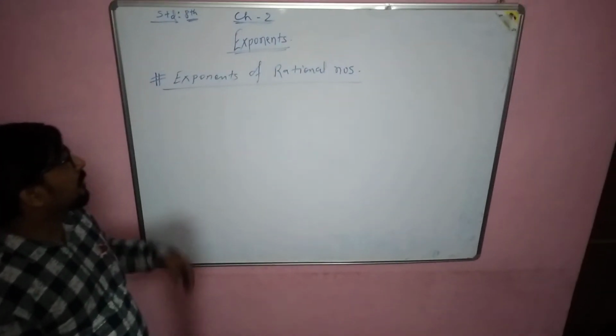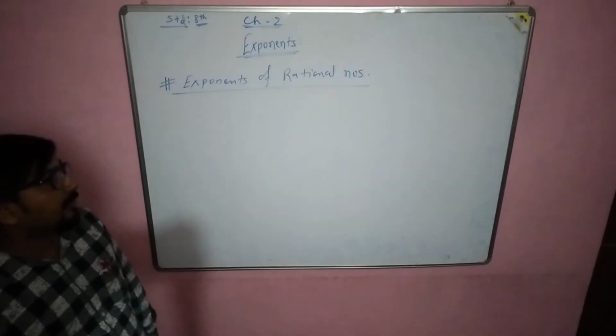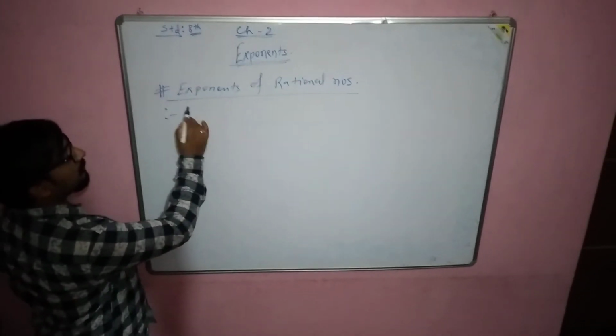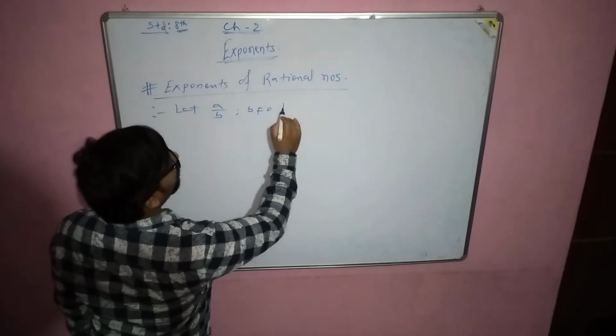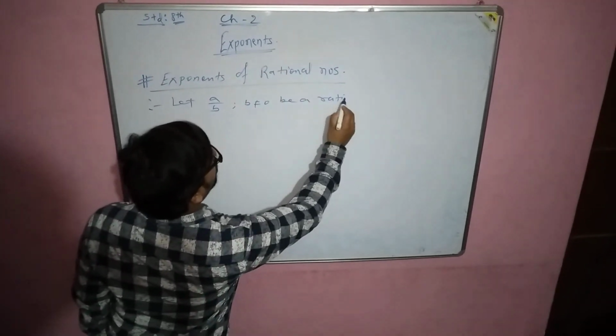Now children, come to the next subtopic, exponents of a rational number. See here, let a by b, with b not equal to 0, be a rational number.